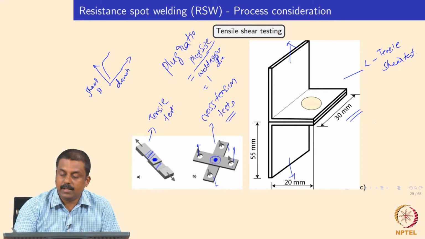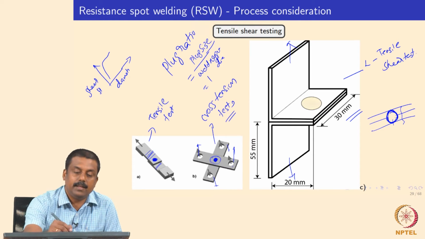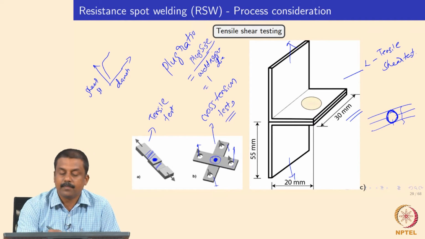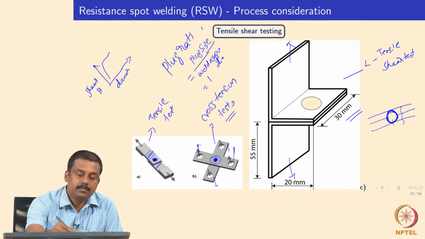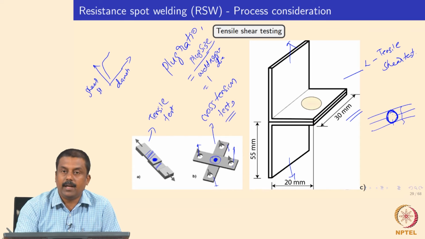If you look at the cross sections, if the failure happens elsewhere, your plug is intact. The material didn't fail in the weld region, your plug size after testing is the same as the weld nugget diameter, and the plug ratio is 1.